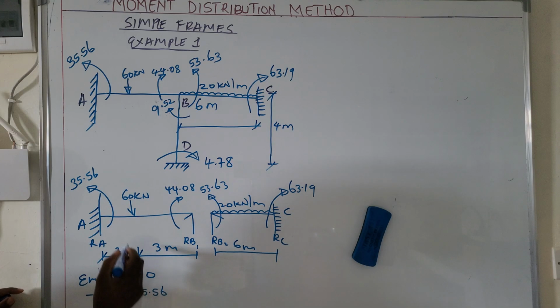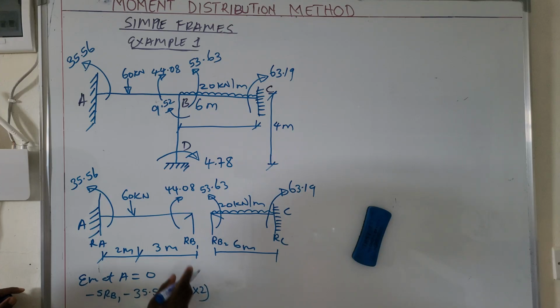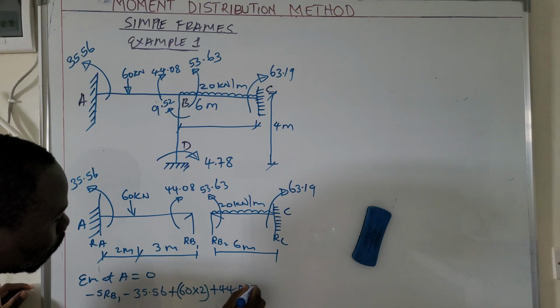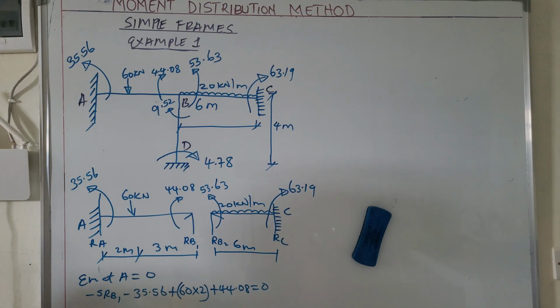This loading 60 in clockwise direction plus 60 times 2. This one moving in clockwise direction plus 44.08 is equal to 0, which implies RB1 is equal to, you can carry out the operation by yourself and find RB1.